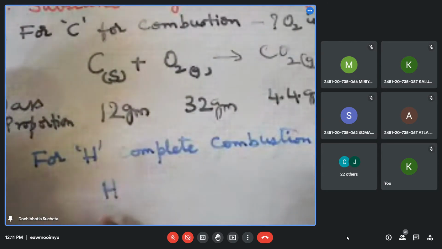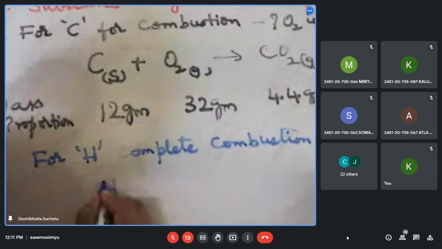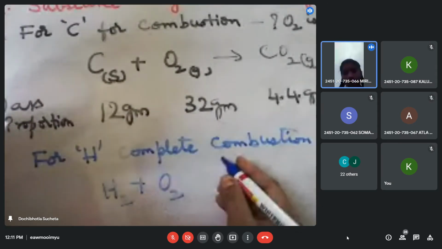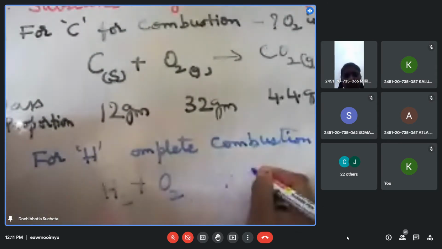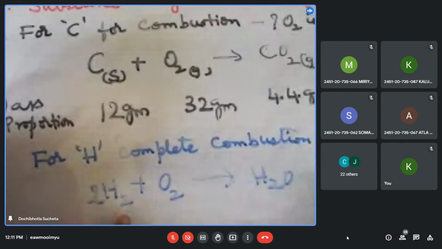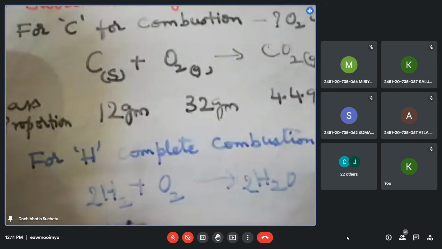In the case of hydrogen, it is a little more complicated, but the ratio of combination is the same. So hydrogen reacts with oxygen to form H2O. This is the balanced equation. So I know that 4 grams of hydrogen reacts with 32 grams of oxygen to form 36 grams of H2O.